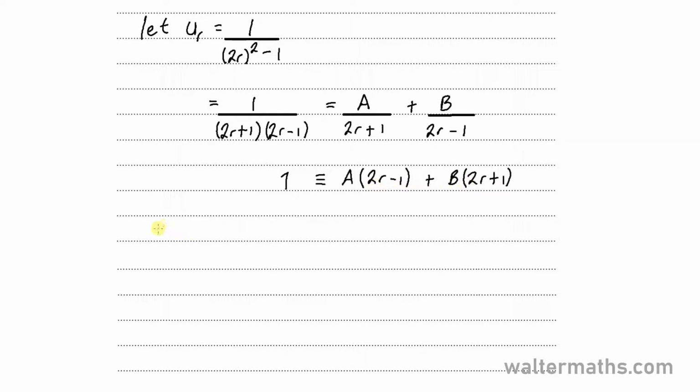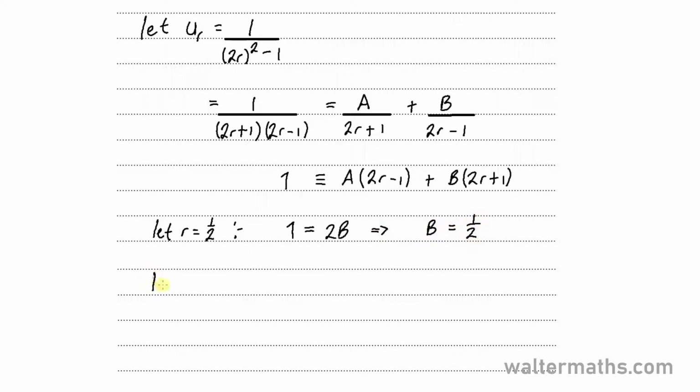I'll start by saying let r is equal to a half. Then I'll have the equation 1 on the left side being equal to, substituting a half for r here, we get 0. But if we substitute a half for r here, we get 2b. So we will get b coming out as a half.